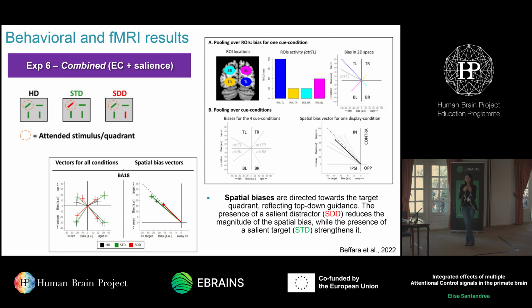So if the two attentional control signals go in the same direction in terms of what is good to be attended, they will add their benefits, in a sense. Otherwise, they will have different effects.